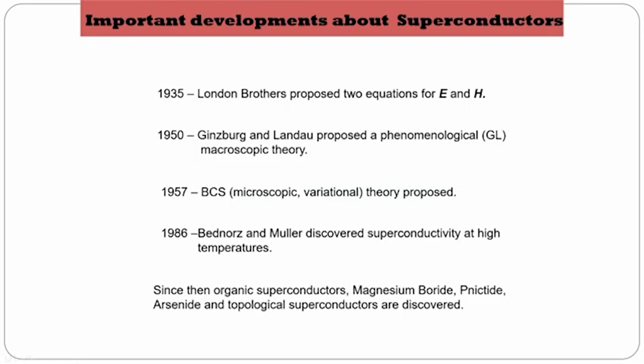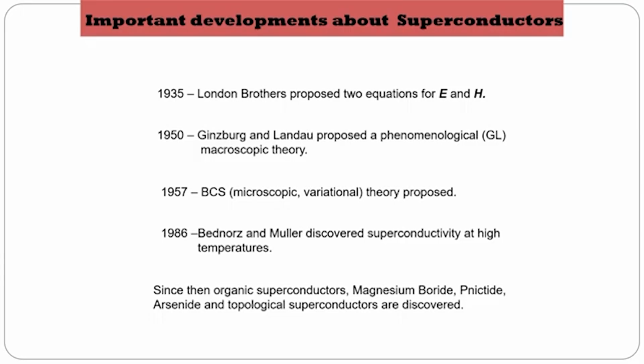Let us see some development of superconductors. In 1935, the London brothers proposed two equations, known as the London equations. They are very important in the study of electrodynamics of superconductors. In 1950, Ginzburg and Landau, two Russian physicists, proposed a phenomenological macroscopic theory, called the GL theory.